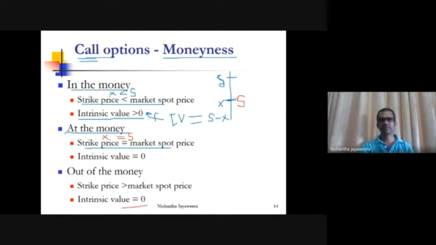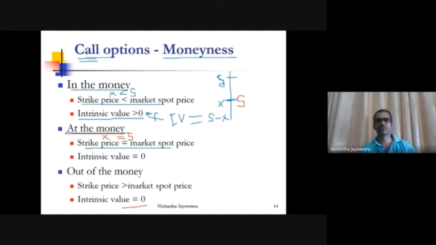That is the condition we call at the money. So it's about to go into in the money.